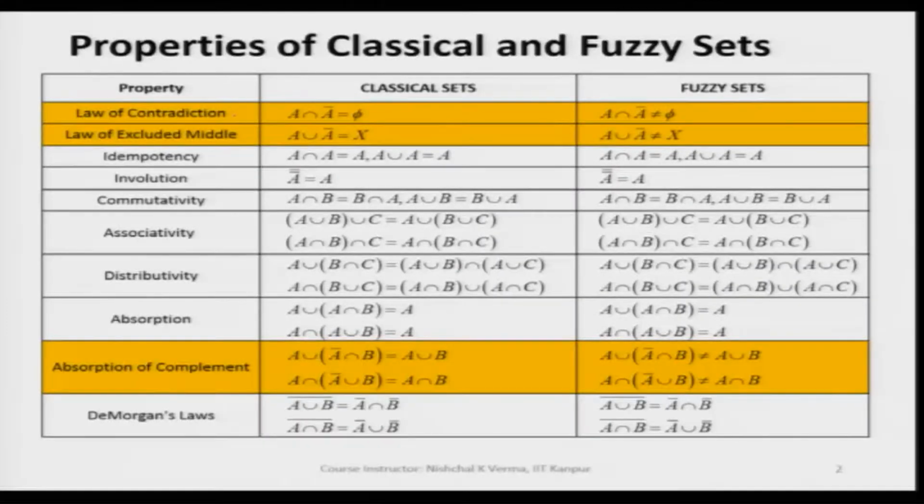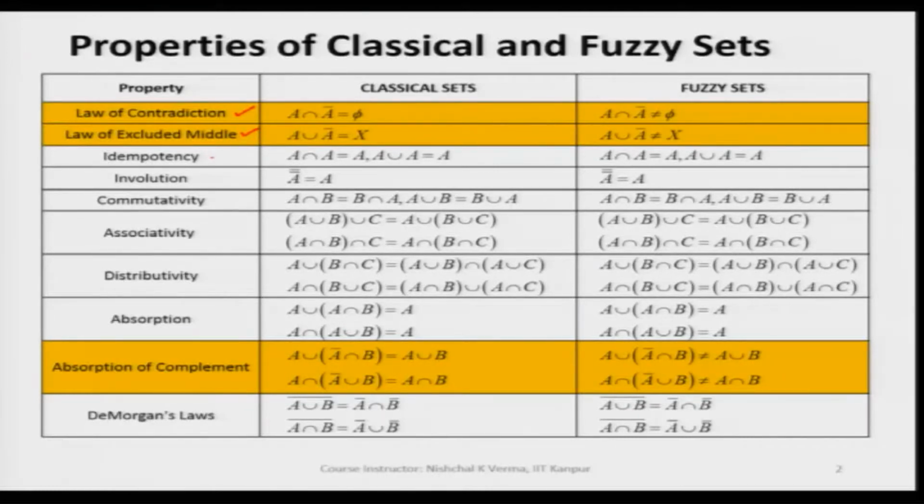So, we have already discussed some of the properties of classical and fuzzy sets in the previous lectures, and these are the properties that are covered. So, I will just mention here law of contradiction for fuzzy set is discussed, and then law of excluded middle is also discussed.